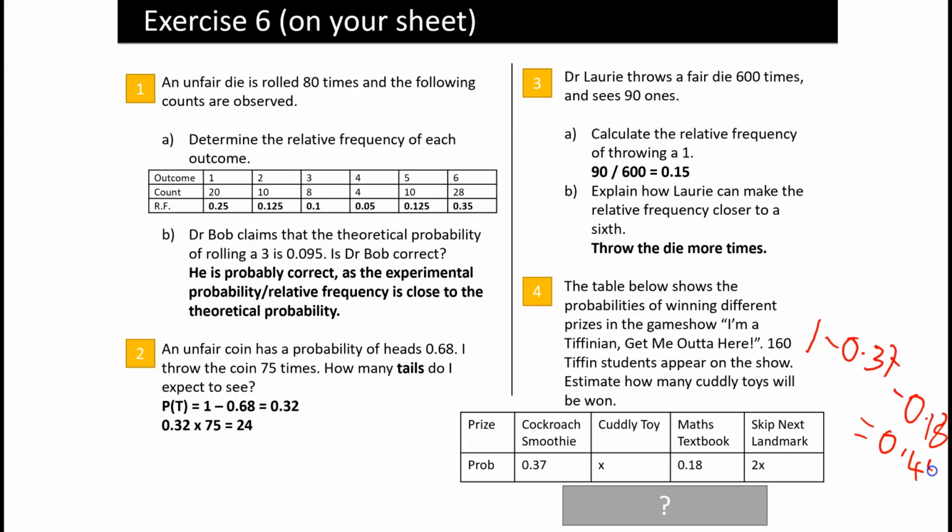But because that's 1x and that's 2x, we need to divide that by 3. So actually that is 0.15 because it's 1x, and this one is 0.3 because it's 2x. And then we want to know how many cuddly toys, so it's going to be 0.15 times 160. So 24 cuddly toys. Hopefully we're getting these correct.